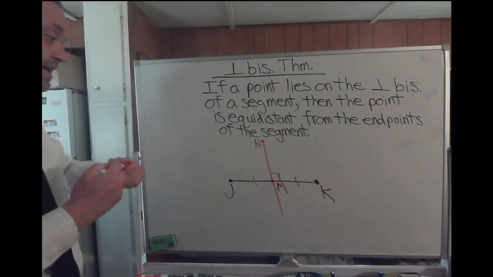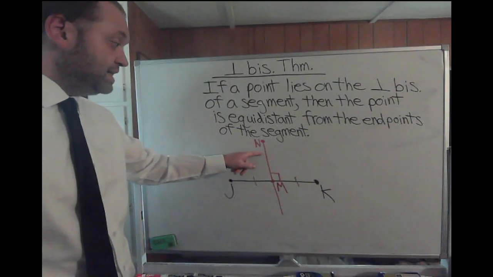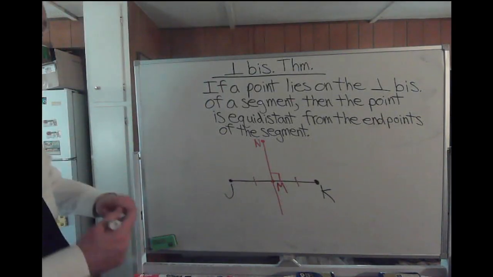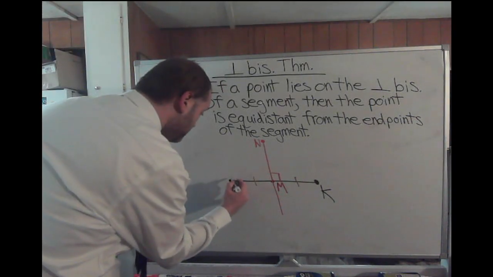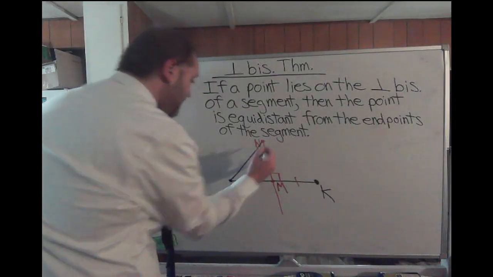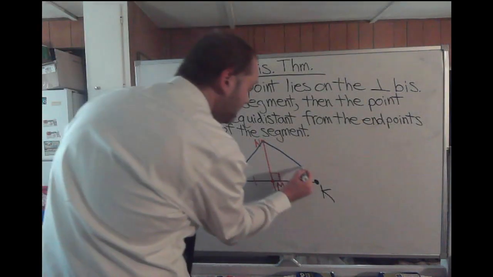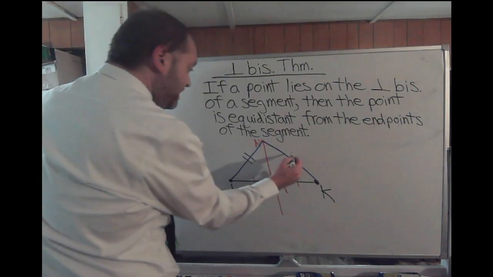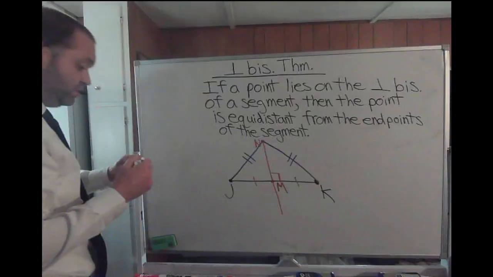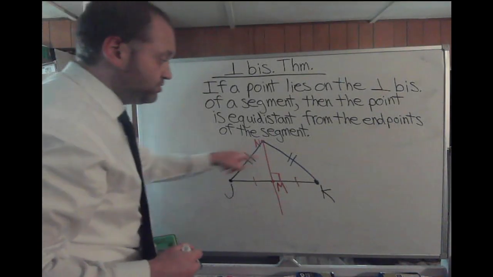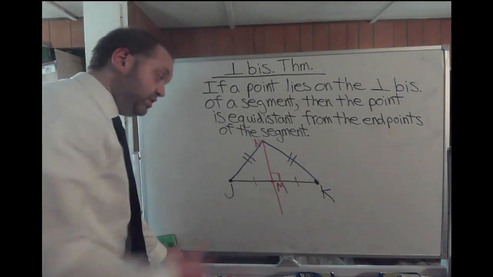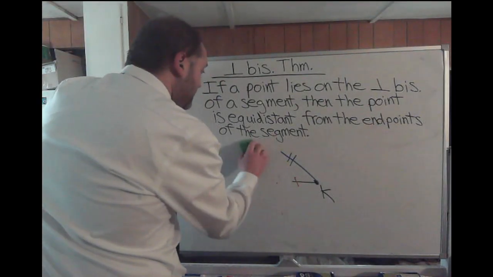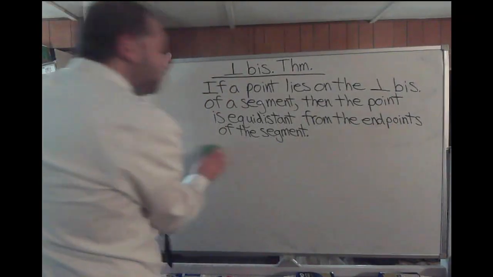What this theorem is saying here, that this point N, which lies on the perpendicular bisector of the segment, is equidistant from J and K. So, in other words, I can draw lines here from J to N and from N to K, and JN and NK would be congruent to each other because N is equally as far from J as it is from K. And you can actually use triangle properties to prove this. So that's what we're about to go ahead and do right now, actually.